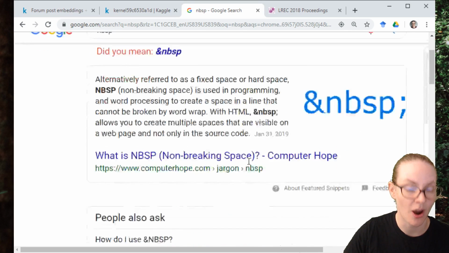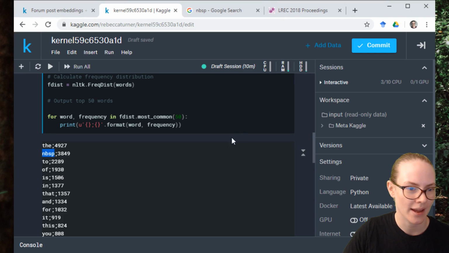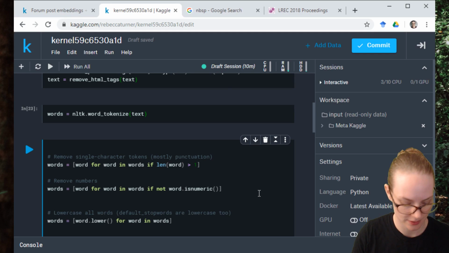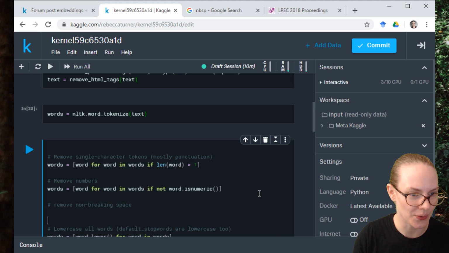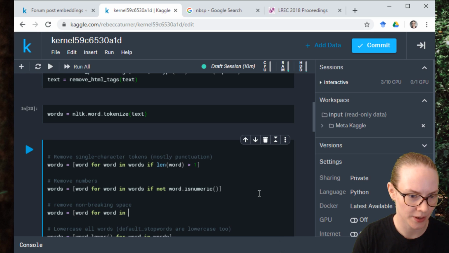I do know what the non-breaking space is. Okay. So this is probably something that's showing up in our formatting. Remove non-breaking space. My good old friend. I'm going to take the word forward in words. If not, I think this will work.